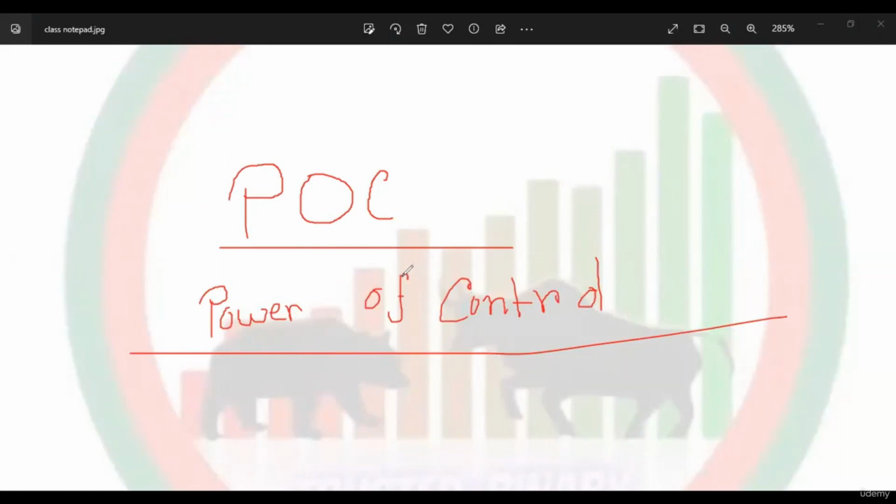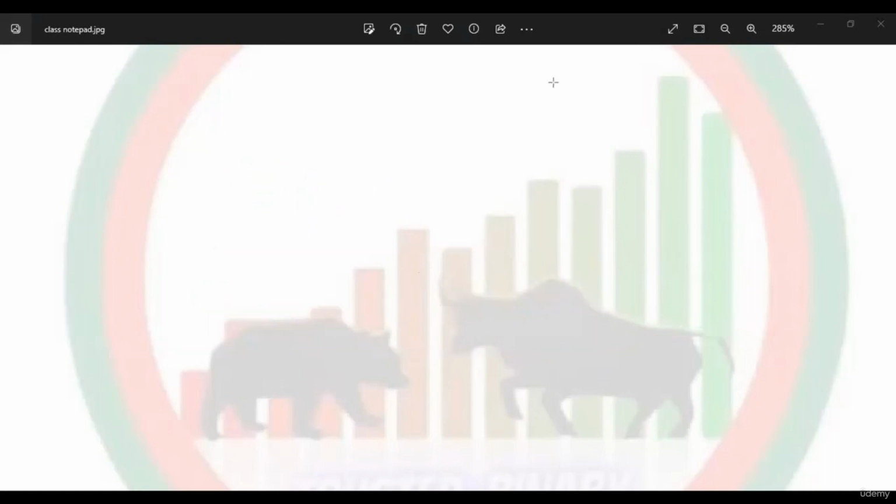The meaning of power of control is, suppose this candle is a bullish candle, and this is another candlestick from the seller side, a bearish candle.